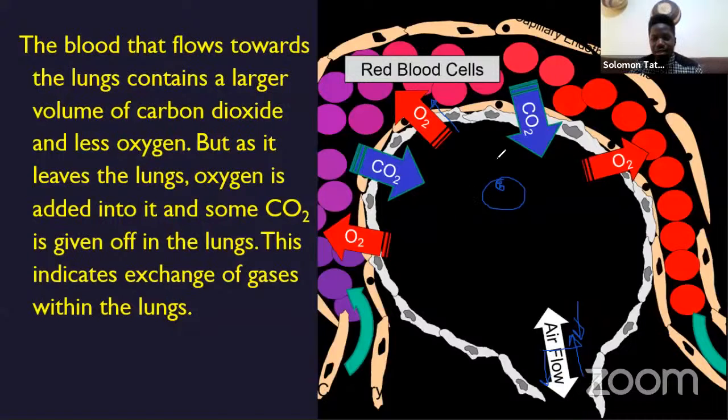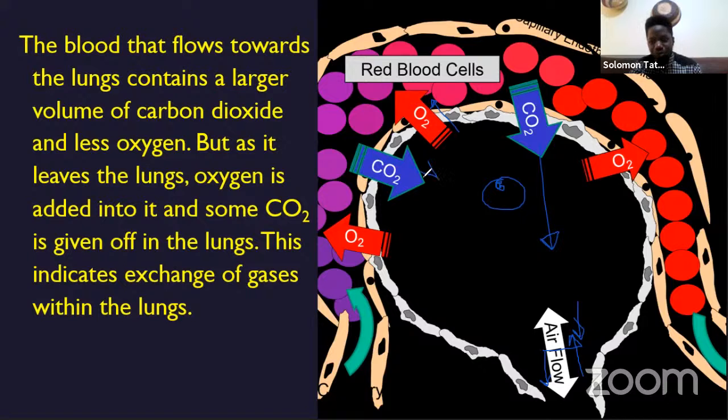And so that means that some oxygen is going to be lost back. It's going to go back with the carbon dioxide, all right? Same here inside the blood vessels, not all carbon dioxide is going to diffuse out.